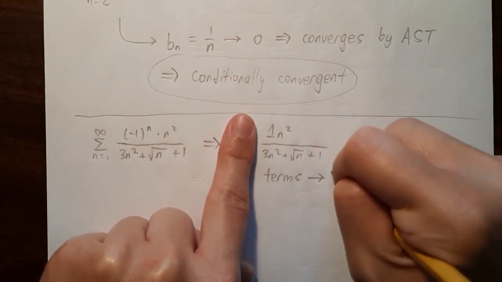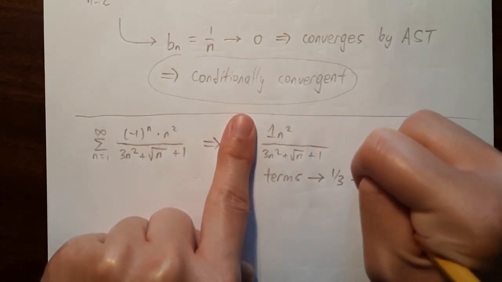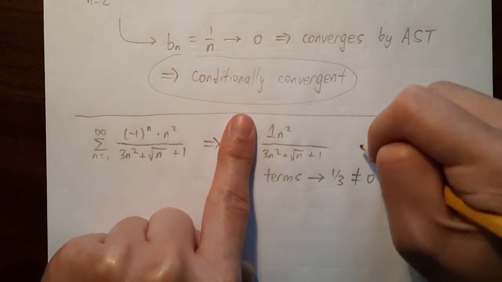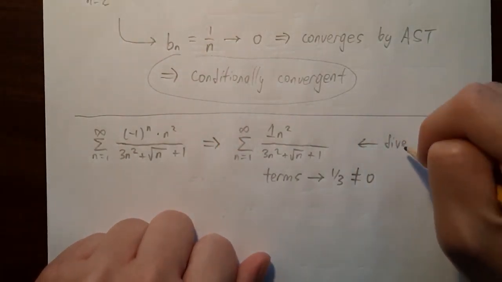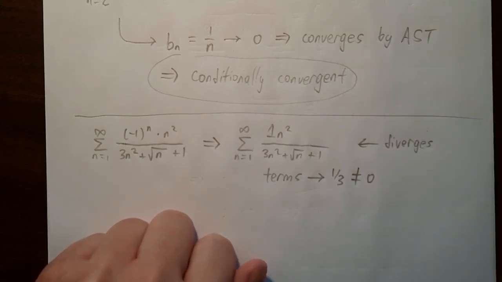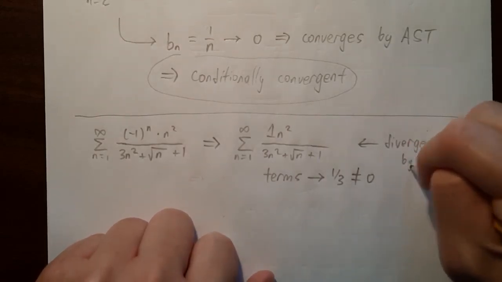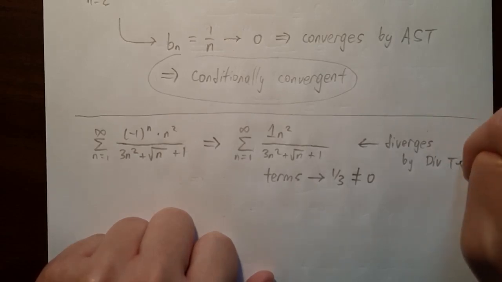So the terms are going to converge to 1/3, which is definitely not equal to 0. So this thing, as a series, diverges by the good old divergence test.